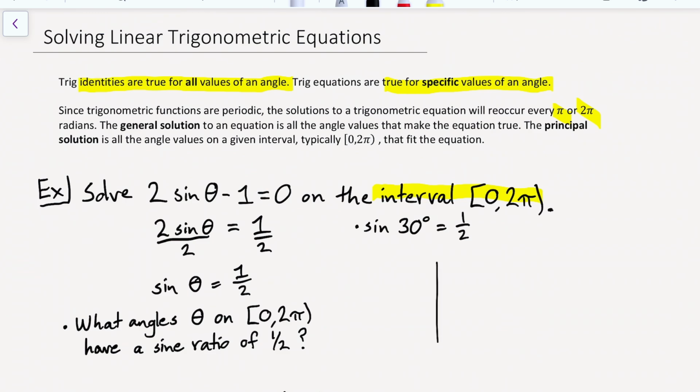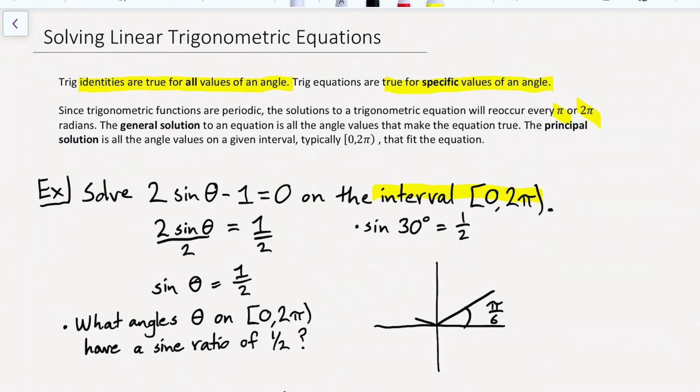So certainly 30 degrees is one of our solutions. But let's consider the whole unit circle, because we're looking for any solutions from 0 to 2 pi. One solution is found here. This is 30 degrees, or pi over 6 radians.